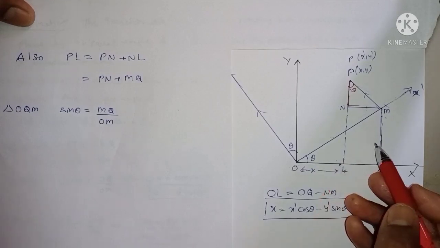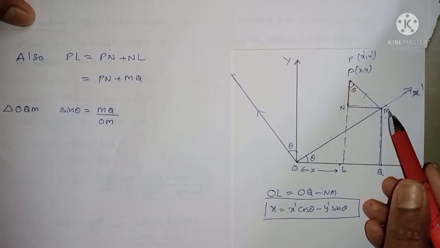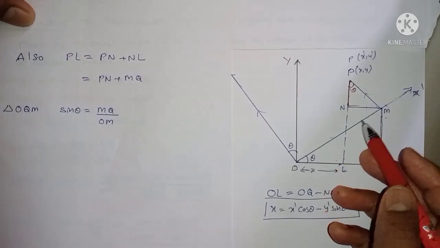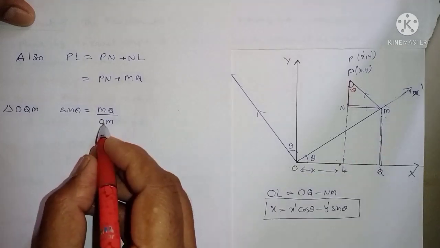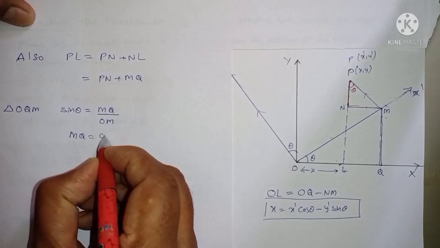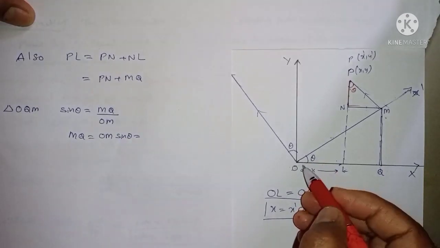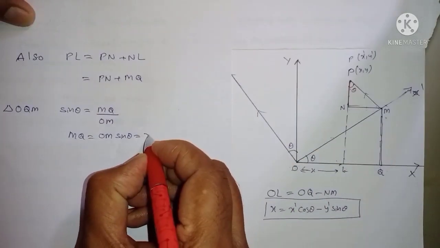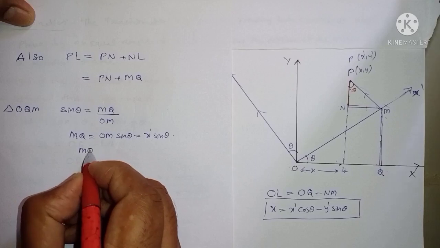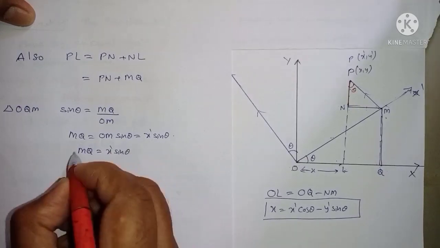Sin theta is the opposite side by hypotenuse. Therefore the opposite side is MQ, and the hypotenuse is OM. Therefore you can write MQ is equal to OM sin theta. OM is nothing but x dash. Therefore MQ is x dash sin theta.